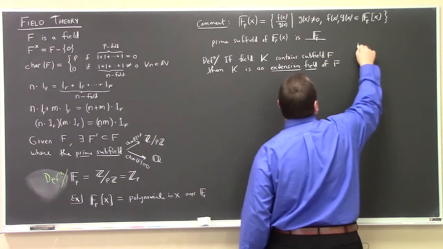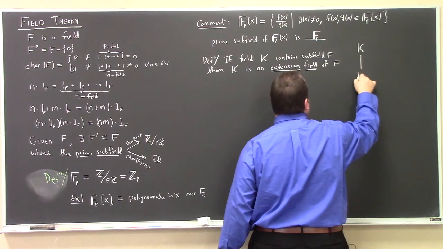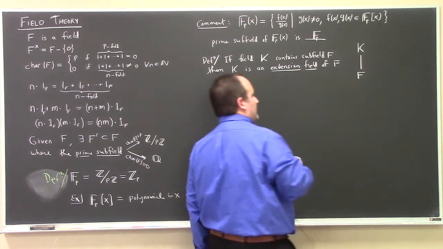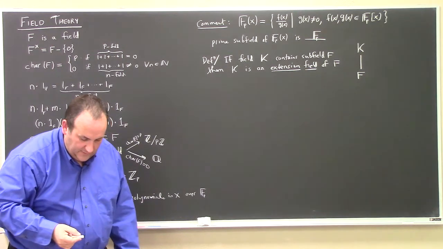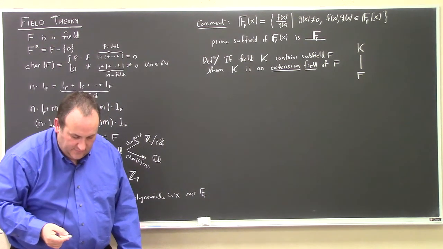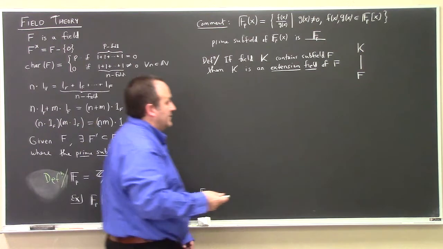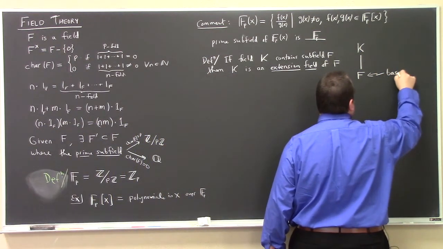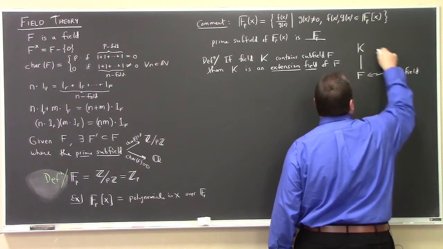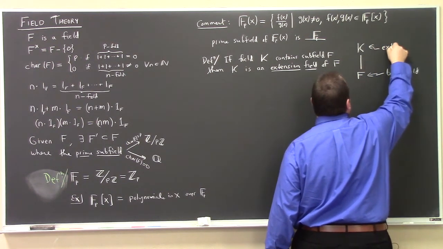And we draw a picture like this to illustrate this idea, this diagram. In this context, F is sometimes called the base field. So this is the base field. This guy, of course, is the extension field.